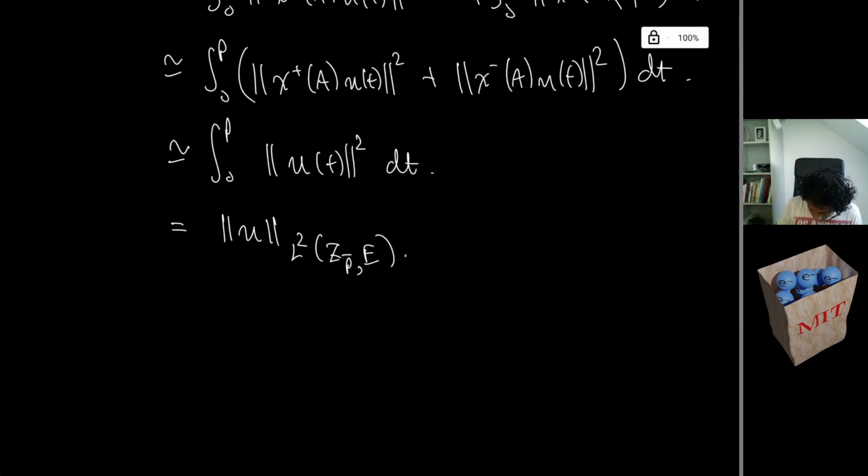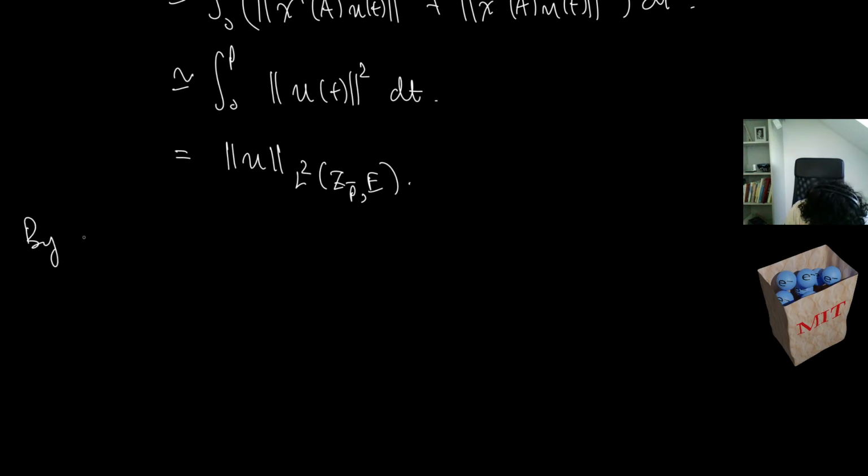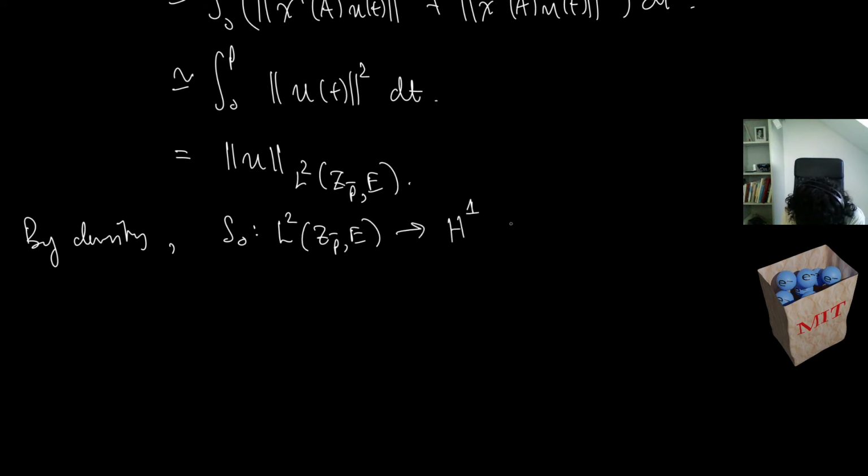So by density, we obtain that S naught maps L2 of Z rho E to H1 of Z rho E. Okay, so it boosts up regularity.